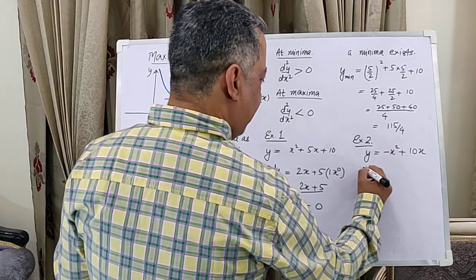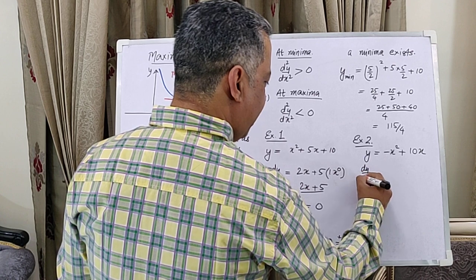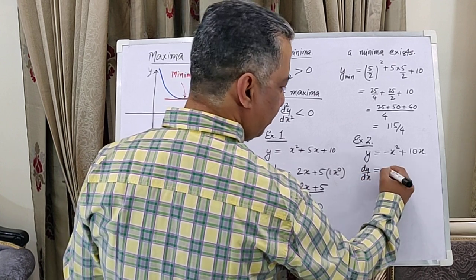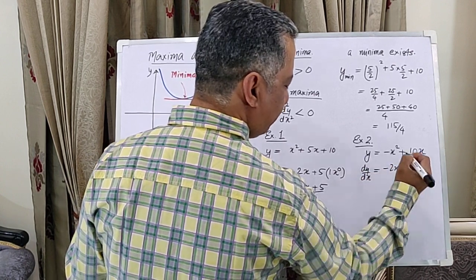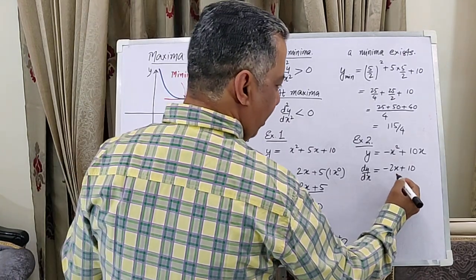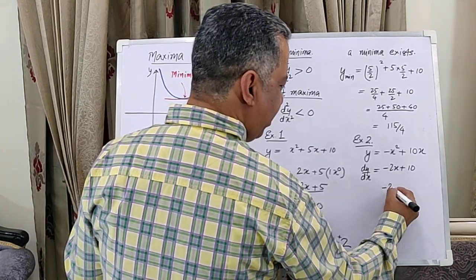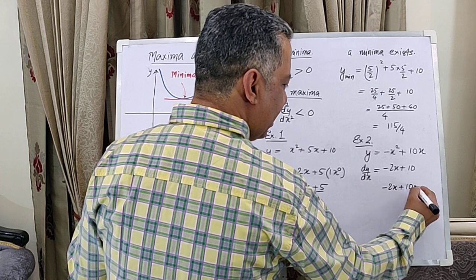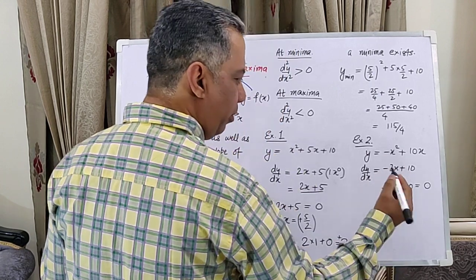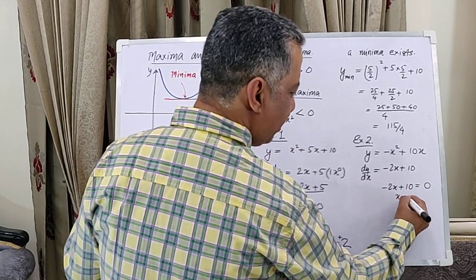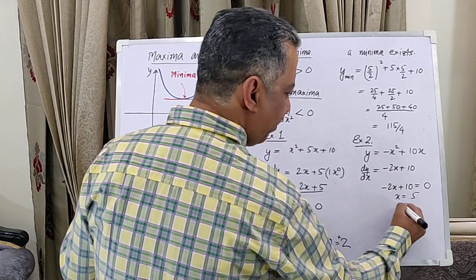Let's quickly calculate the derivative. dy by dx is minus 2x plus 10. For maxima, the derivative must be equated with 0, and so we get x equal to 5.